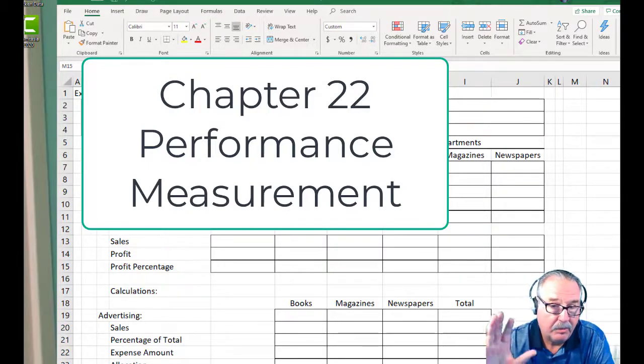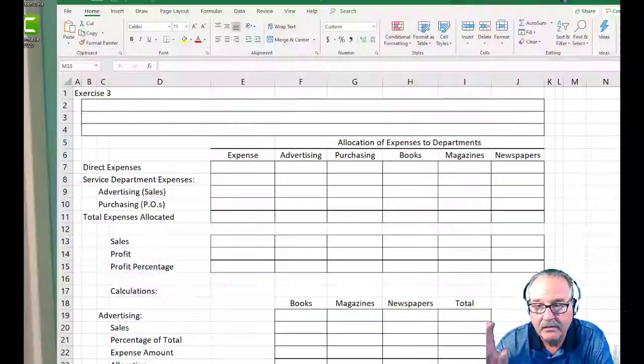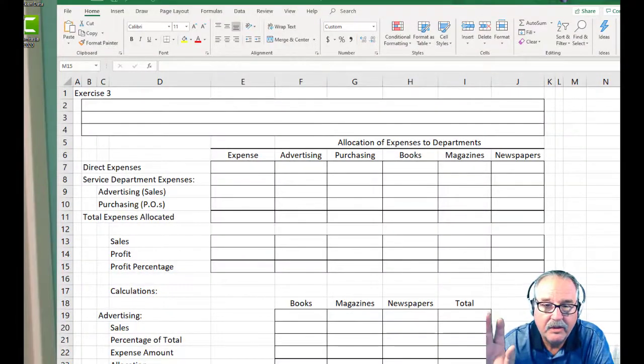And so the rent, the utilities, and lots of other expenses that go into running a specific store need to be allocated to different departments within the store. That's what this chapter is focused on.